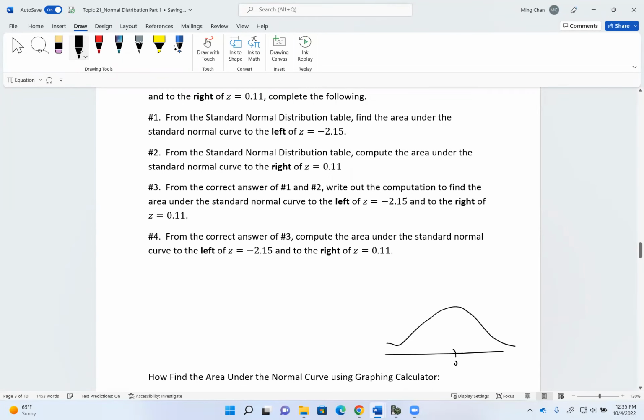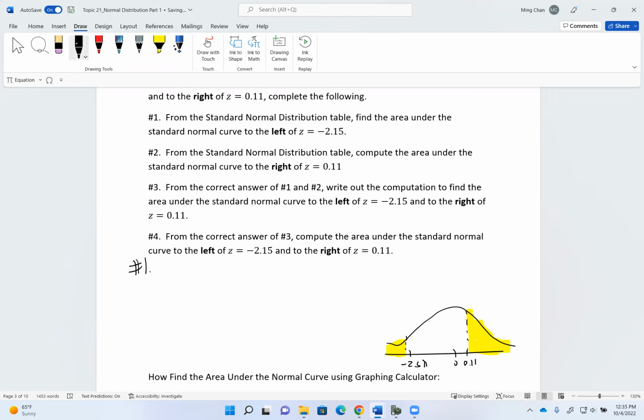So mean is the middle. I'm looking for the area to the left of this z-score, and I'm looking for the area to the right of 0.11. So I'm gonna take this area plus that area in a minute.